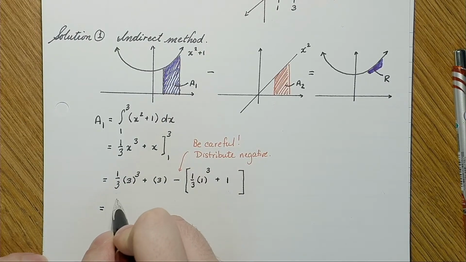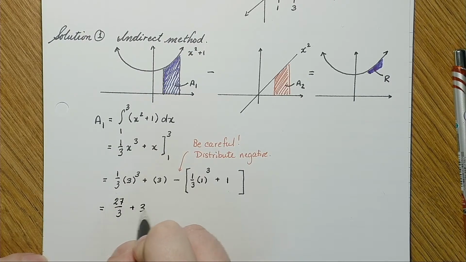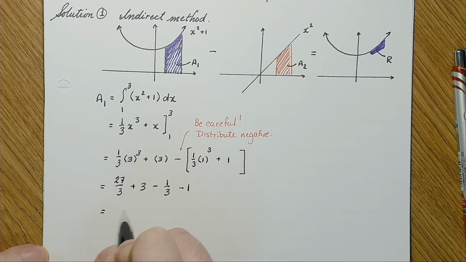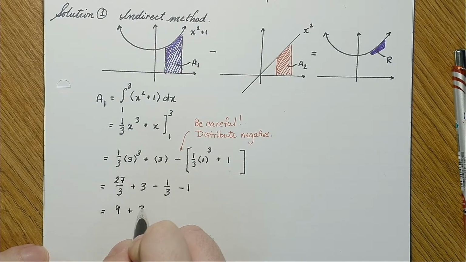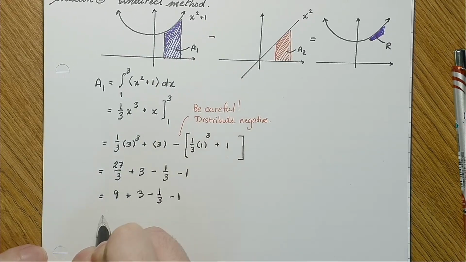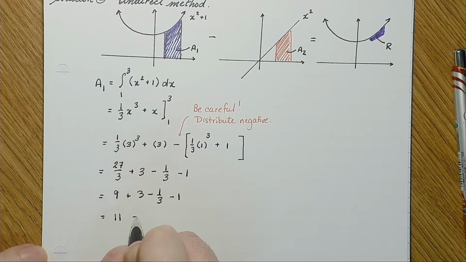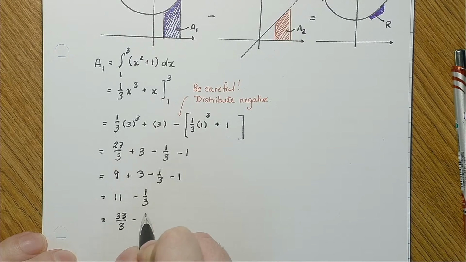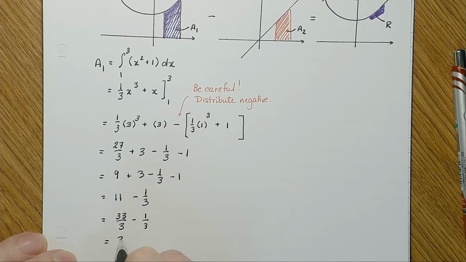So I get 27 over 3 plus 3 minus 1/3 minus 1. I get 9 plus 3 minus 1/3 minus 1. That's 11 minus 1/3. Rewriting it over 3's, I get 32 over 3.